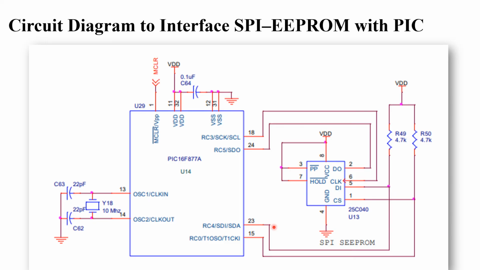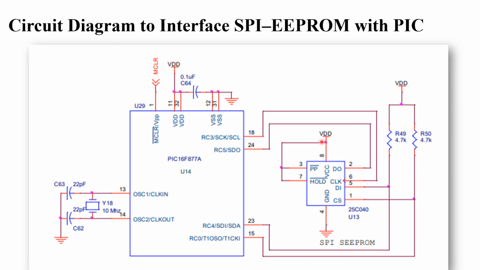This SDA pin is connected to D1. This is the read operation, and they use a particular clock signal for performing the read operation. This pin is also connected to the clock signal. So in this way, the microcontroller can communicate using the SPI protocol, master and slave, performing write and read operations. The ground pin is connected to the ground here.